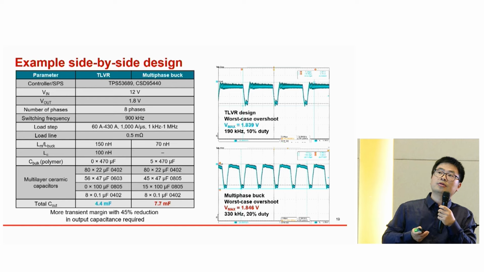That means the load step is the same. What we can see is that the total output capacitance for TLVR is just 4.4 millifarad, and for multiphase buck it is 7.7 millifarad here.